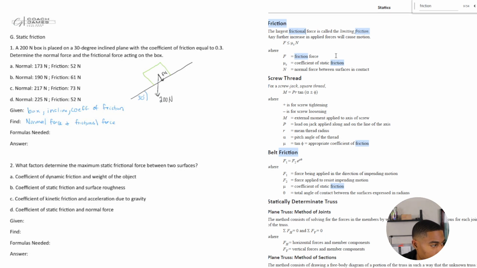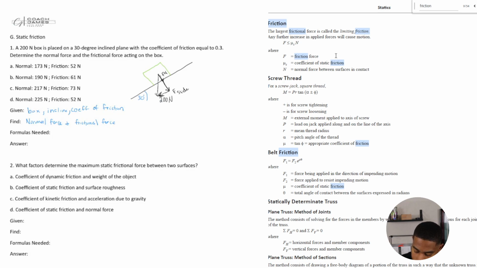Are there any other forces that are acting? Well, if this is coming straight down, these have to connect, right? The vectors have to connect. So that's the force that could be causing it to try to slide.